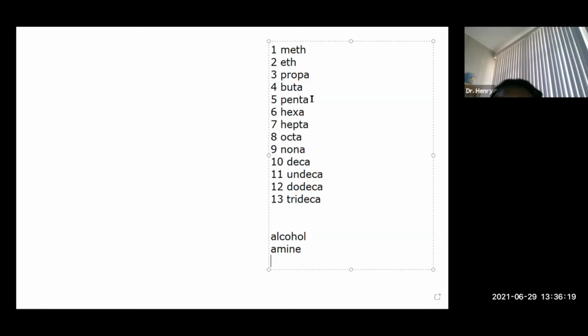So underneath them, alkenes. And then alkynes, then alkanes, haloalkanes. Okay.